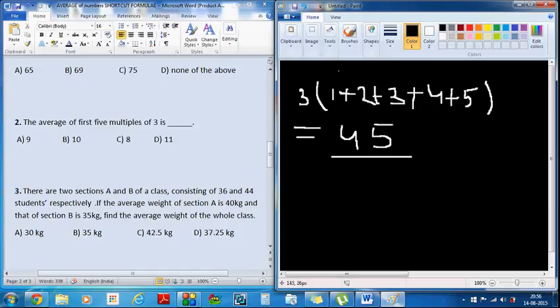These are 5 numbers, from 1 to 5, and all are multiples of 3. So 45 by 5 is 9. So the average will be 9. So option A is correct.